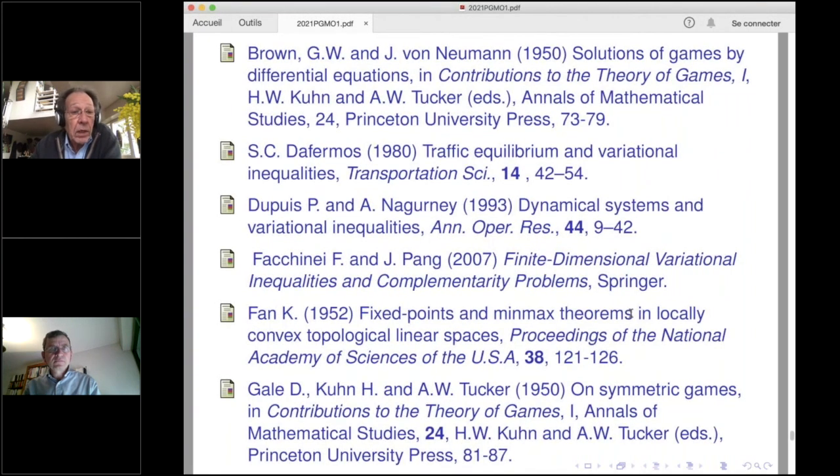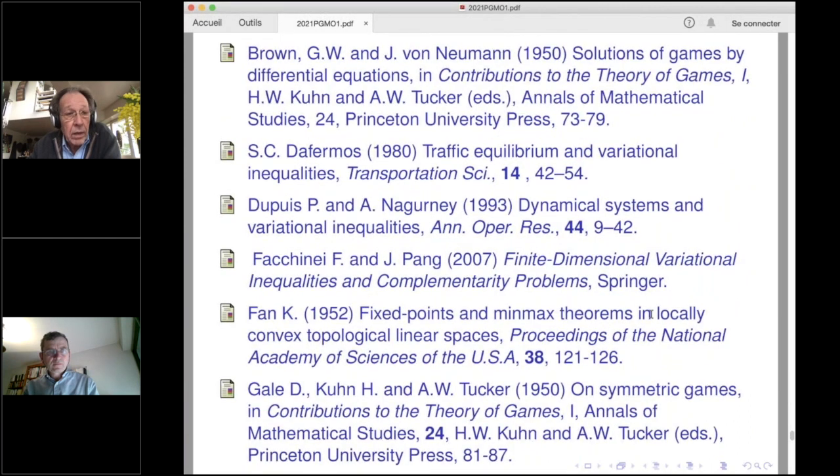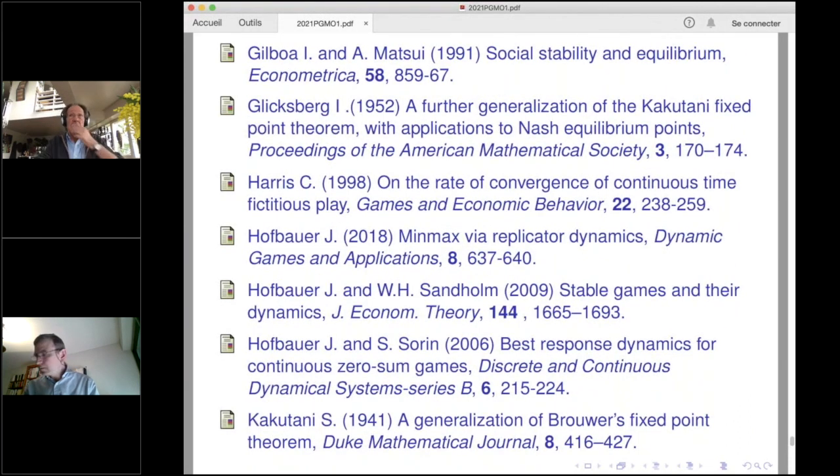Then you have Brown, Dafermos and Dupuis, where variational inequality was used. Facchinei and Pang, it's also variational. Fan, fixed point. Gale was this example, symmetrization of the game. Gilboa-Matsui, this is the best reply dynamics. Glicksberg is a fixed point, this was a continuous time. Hart, this was also min-max. Hart-Mas-Colell, standard stable game.